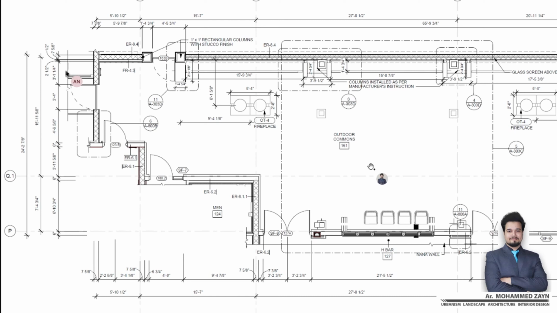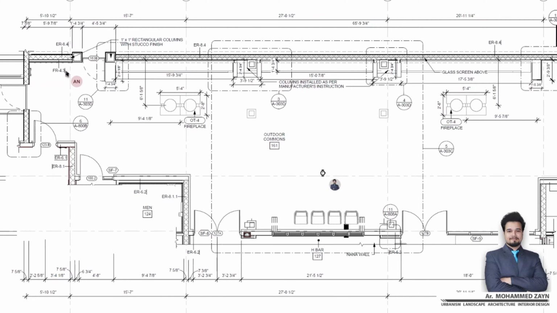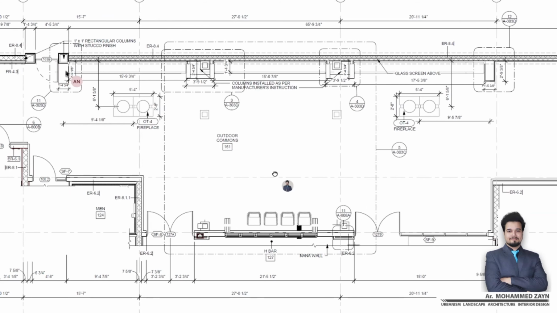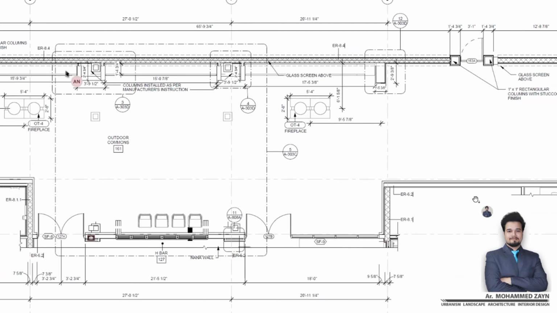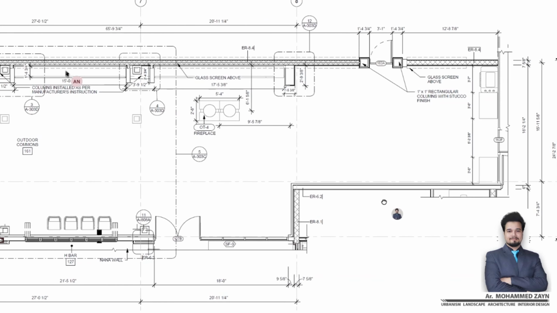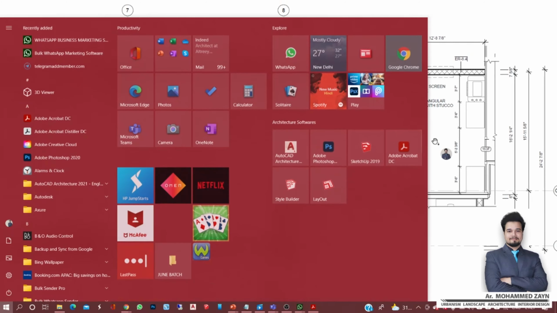We'll see how this dimensioning is exactly done, how we place the dimensions when there is an opening coming onto the wall, and when there is no opening coming onto the wall. We'll see each and everything in detail. You can see in here everything is dimensioned to such accuracy that it is much easier to construct on the site.